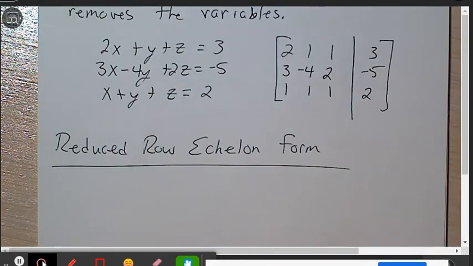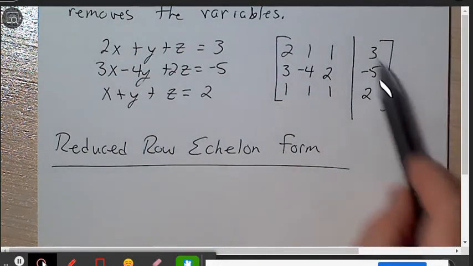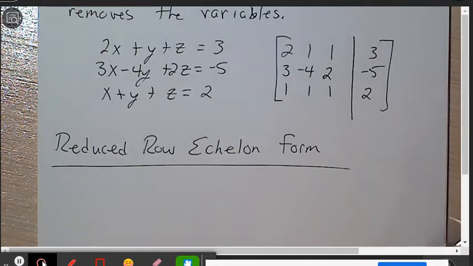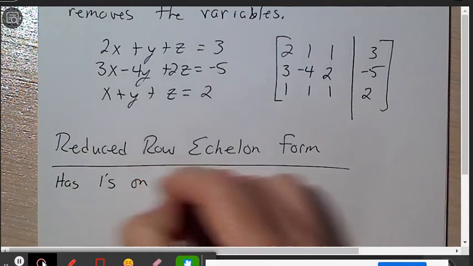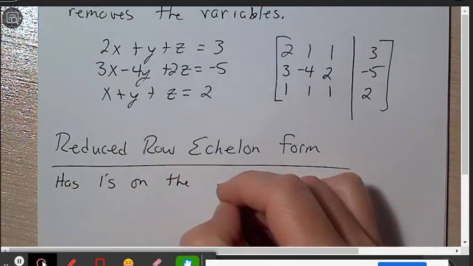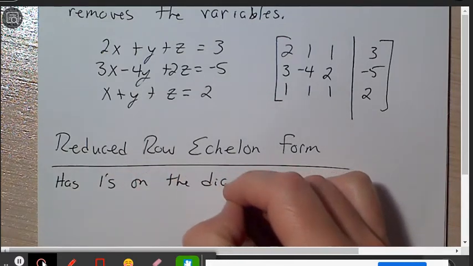And with the reduced row echelon form, it basically takes this augmented matrix that you have, and basically is this.